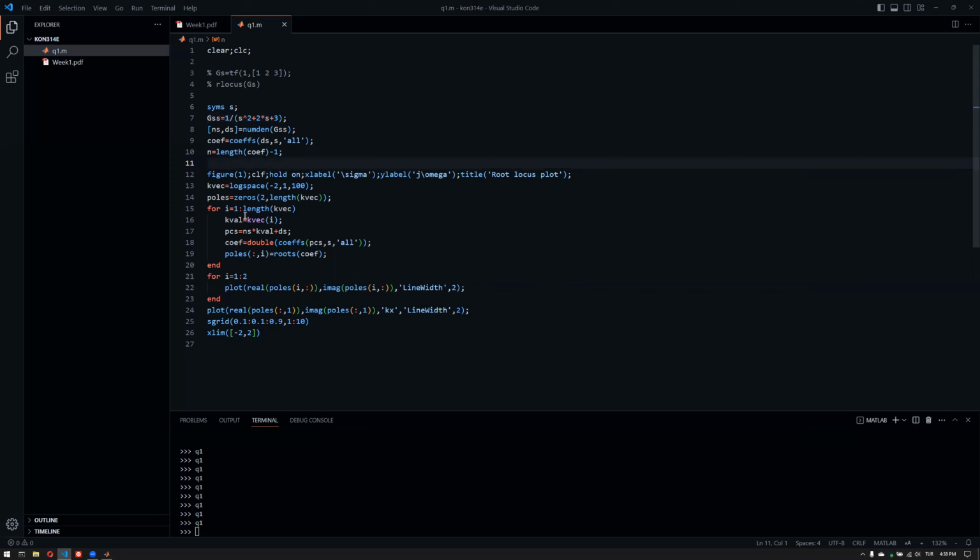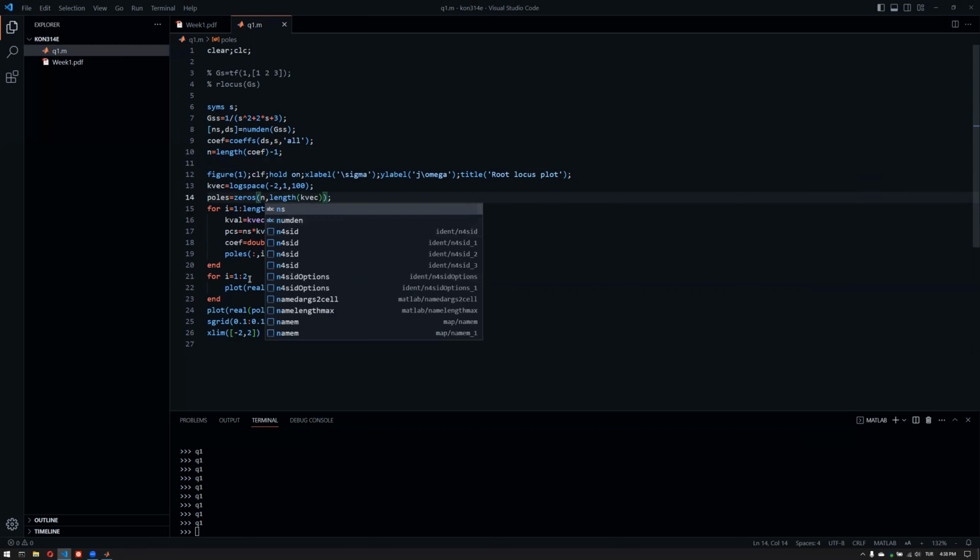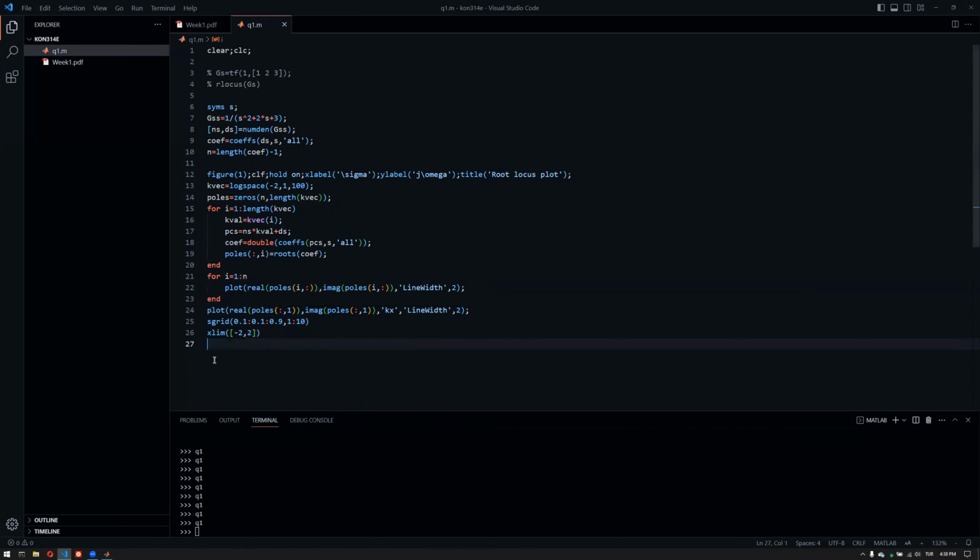So then I can use this n here, here, for example, and also here. And when I change the order of the system, I don't mind it anymore. So let's add another pole to the system. S plus, I don't know, 1. And then like this.